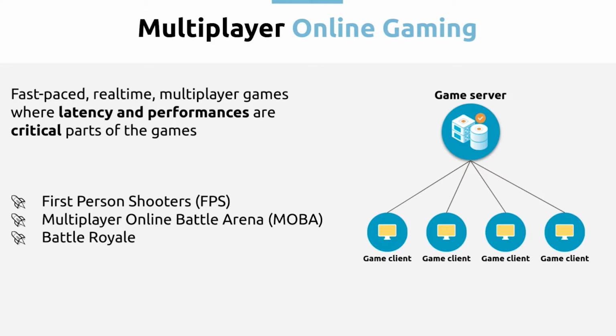So when a game starts, all players connect to these dedicated game servers, and they send information during the whole game to the game server, which will process all the actions coming from the players. If the player is jumping, running, or shooting, all this information is sent to the game server, which then runs the full simulation, the physics, taking into account all the player actions.